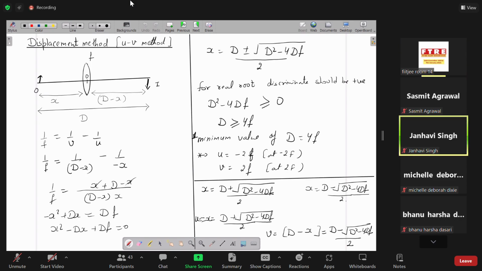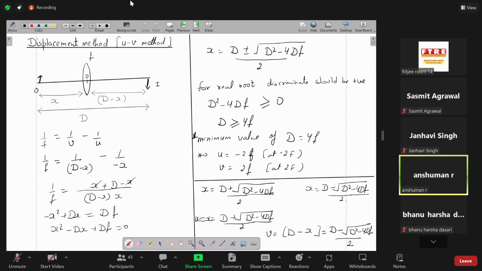So you have minus b plus minus under the root of b square minus 4ac by 2a. So here one root is minus b plus under the root of b square minus 4ac by 2a, and the other solution is minus b minus under the root of b square minus 4ac upon 2a. This is how I've written the same thing here. Okay, ma'am. We will get two different values of x, one when we add and one when we subtract. Okay, ma'am.